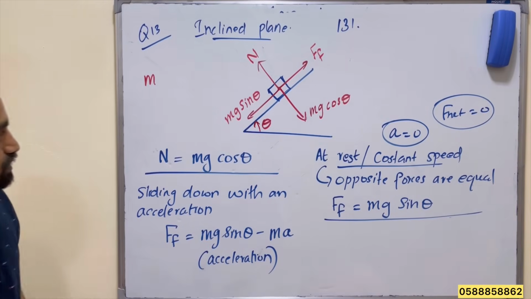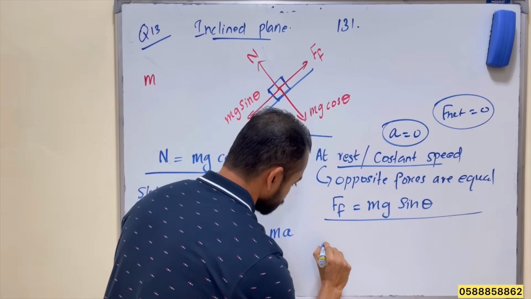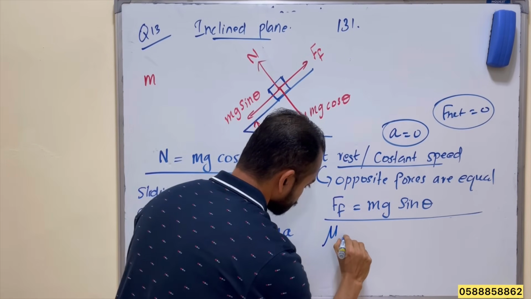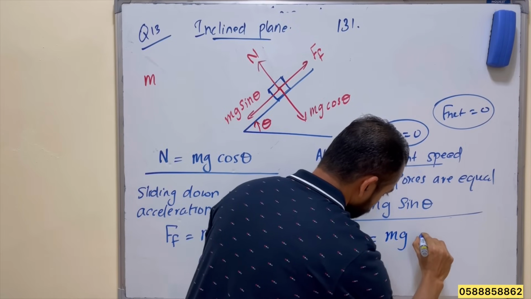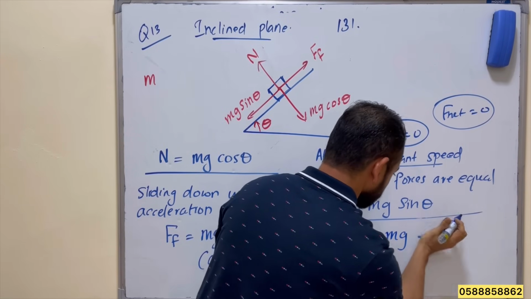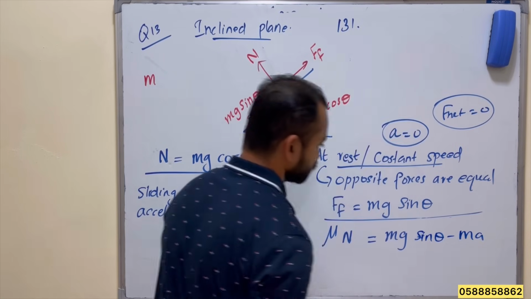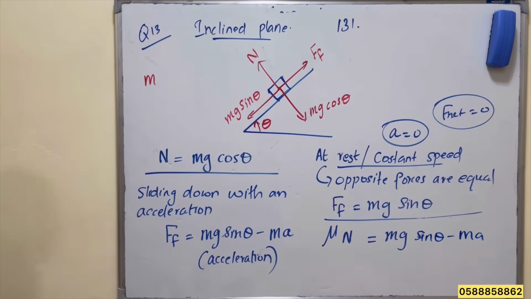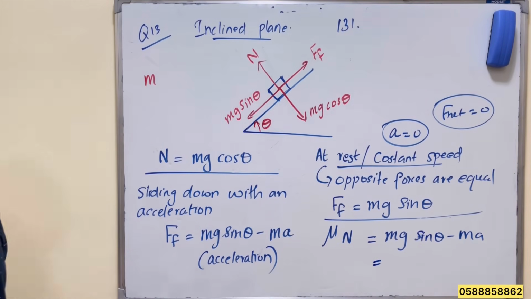What is the basic equation for frictional force? Coefficient of friction multiplied by the normal force, which is equal to mg sin theta minus ma. Sometimes the question will ask you to calculate the coefficient of friction.